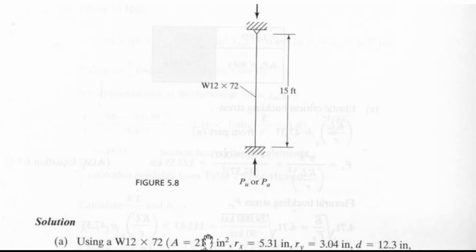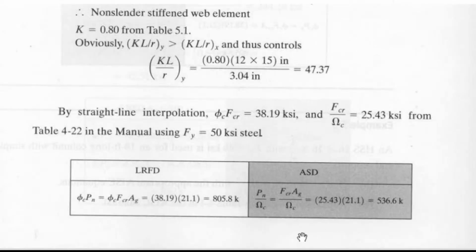That's our gross area. So just multiply 21.1. So that is our design strength. So FCR multiplied by area divided by 1.67. So this is same as this 25 times 21.1. This is the allowable strength, using table 4-22.